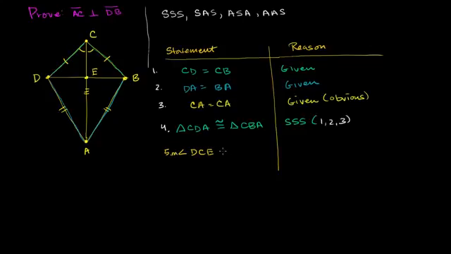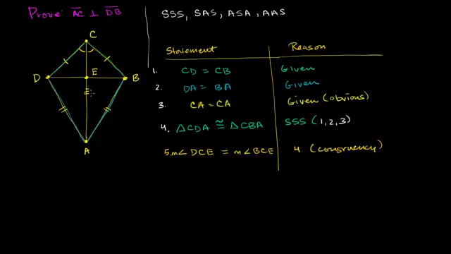I'll say the measure of angle DCE is equal to the measure of angle BCE. And this comes straight out of statement 4, congruency of those triangles, which I could put in parentheses. This implies it straight, because they're corresponding angles, so they are going to have the exact same measure.